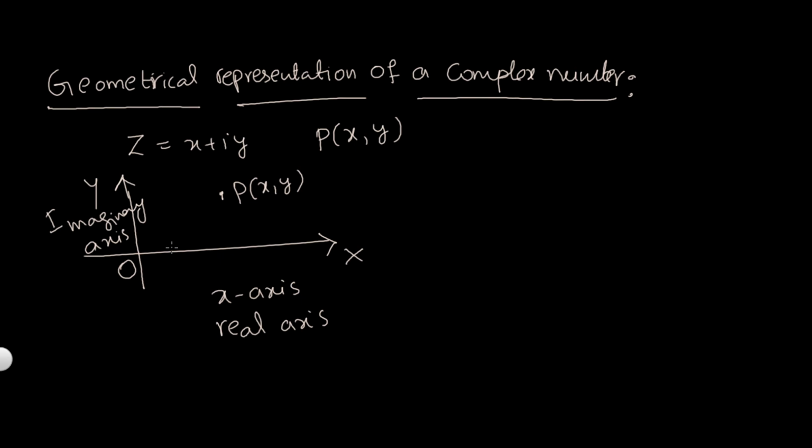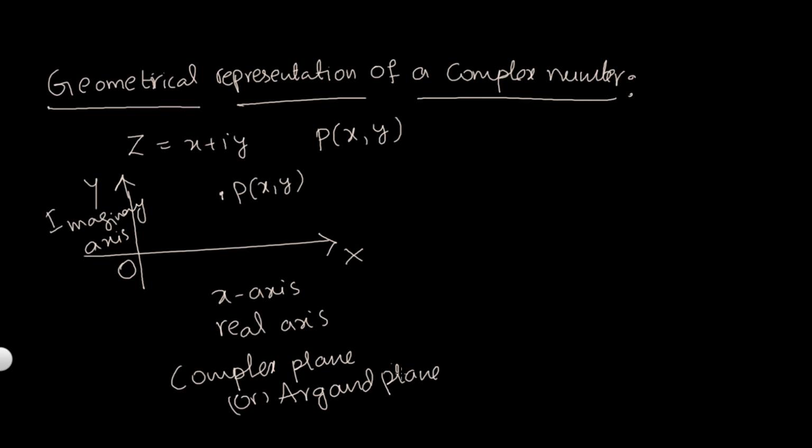The plane in which the complex numbers are represented as points is called the complex plane, or from now onwards the Argand plane.